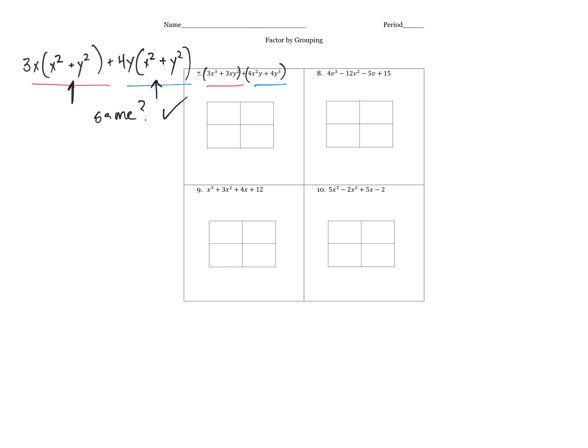So now just put it all together. 3x is the first part, and then the second part, 4y. Those come together. And then you just pull down one of the parentheses. And that's it, I guess. I guess that would be the answer.